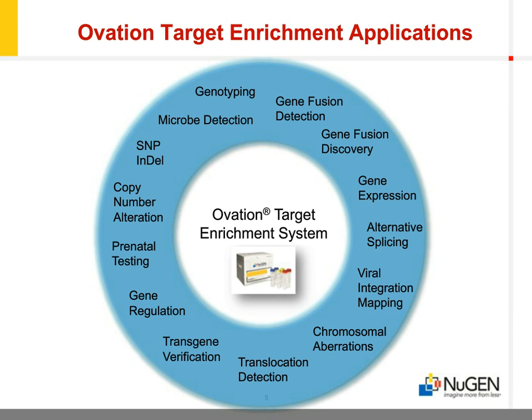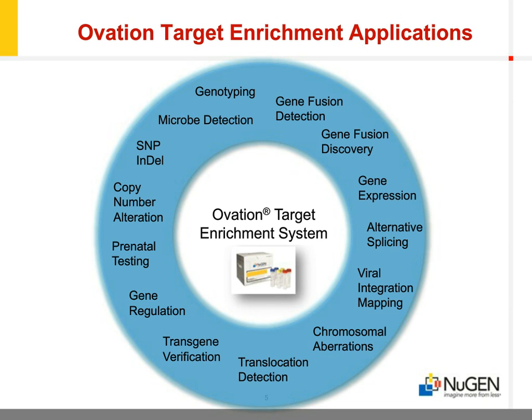The NuGen Ovation Target Enrichment System makes available a single low-input workflow that is applicable to a variety of different workflows and applications. In addition to genotyping, the system can also be applied to interrogation of cancer-related aberrations, including mutations, CNVs, and gene fusions.